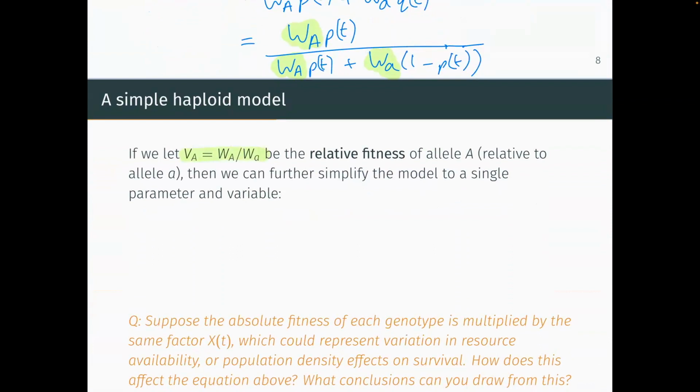In this case, we'll define V sub capital A is equal to W sub capital A divided by W sub little a as the relative fitness of allele capital A. The problem with talking about these models is that it's convention to use capital letters and little letters, but talking about them becomes a little bit harder if you want to just say A.